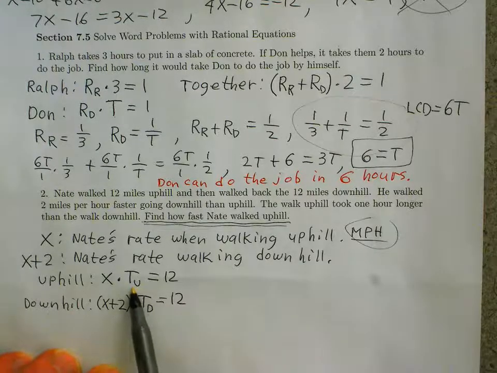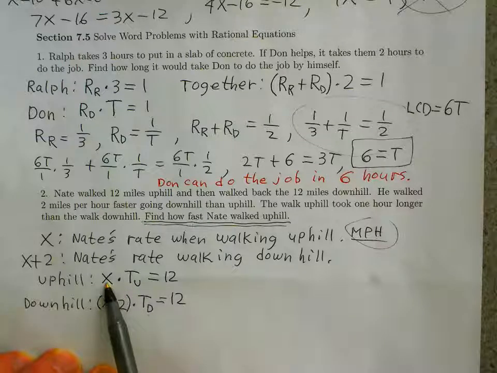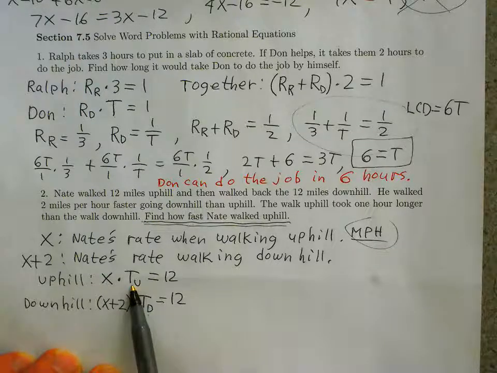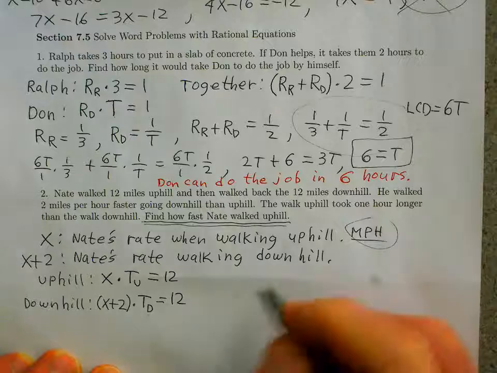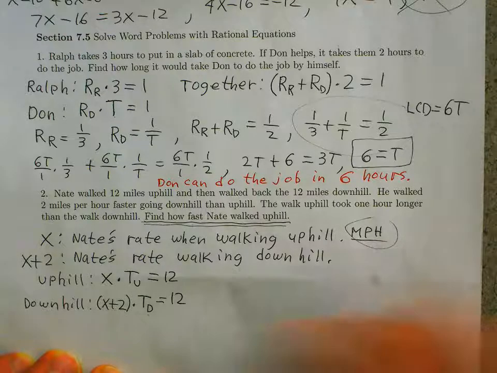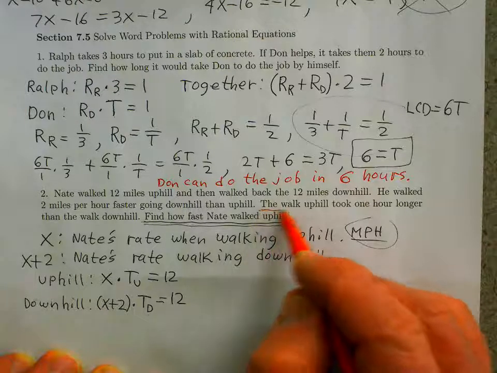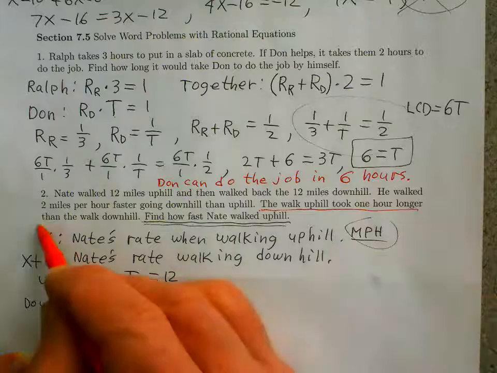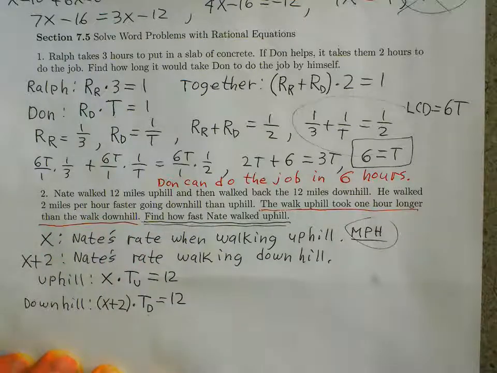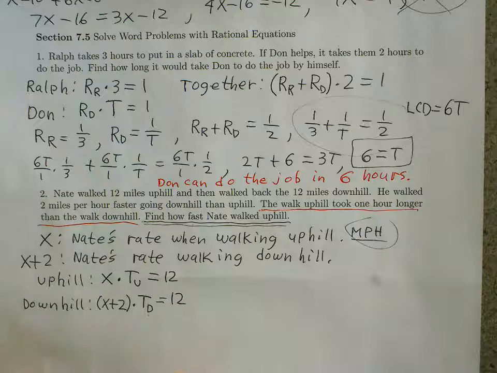So it seems to make sense. His rate is slower going uphill, so it should take more time. All the information is important, but this is going to help us get our equation whose only variable is x. That's what we want. We want to solve for x, so we need an equation whose only variable is x.